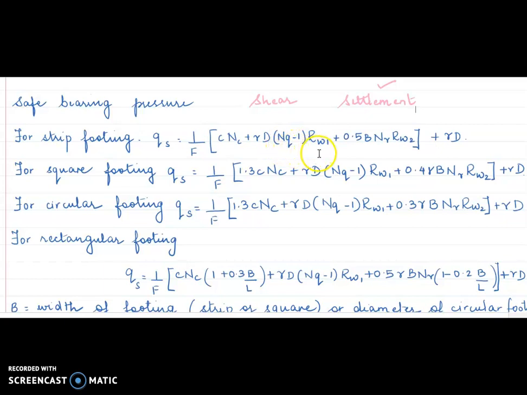That is taken care of by this factor RW. RW1 and RW2 both are water reduction factors. So these are the equations for safe bearing capacity for various foundations, and the theory that is used for arriving at these particular equations is Terzaghi's theory.